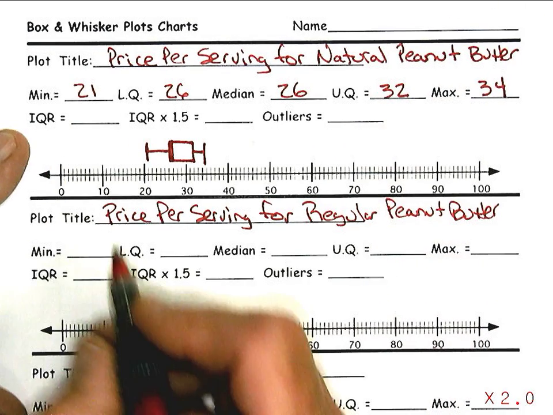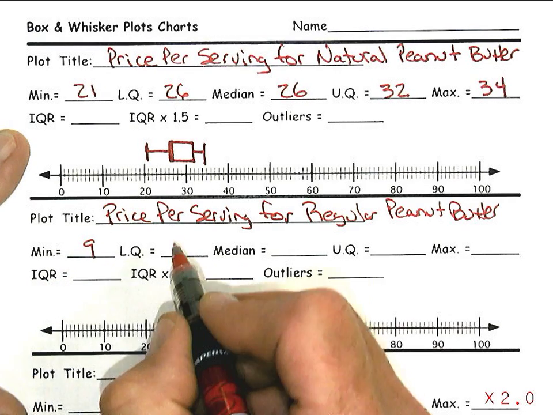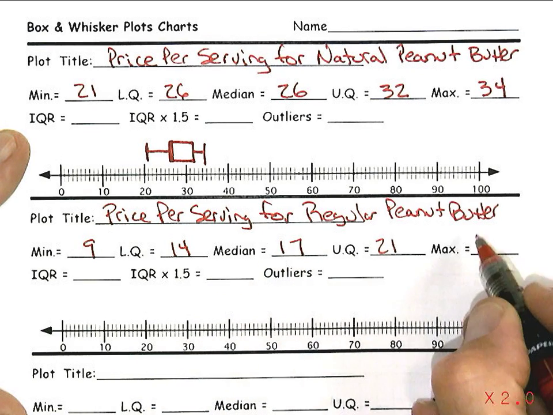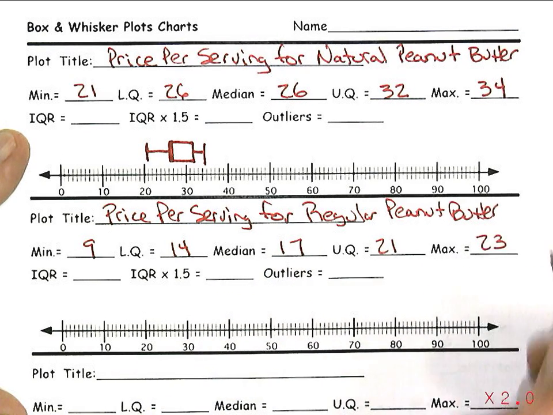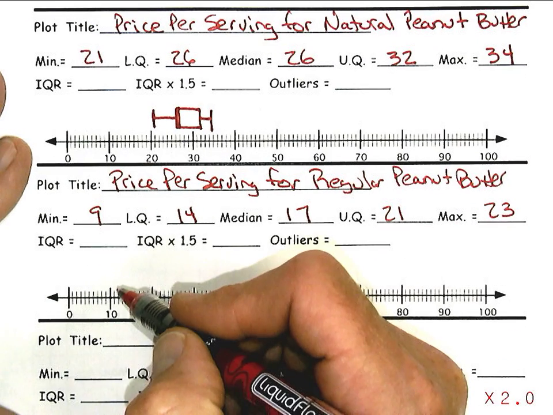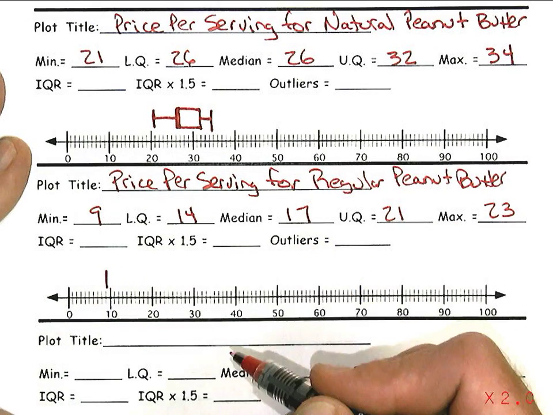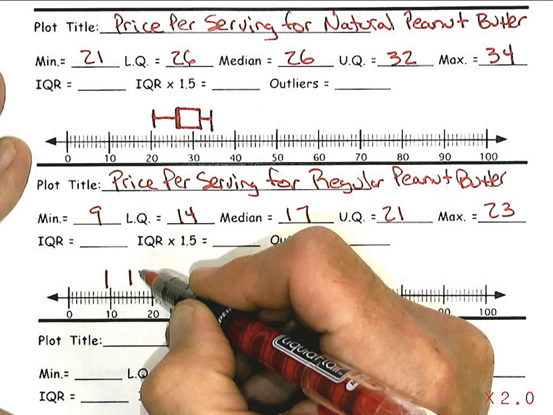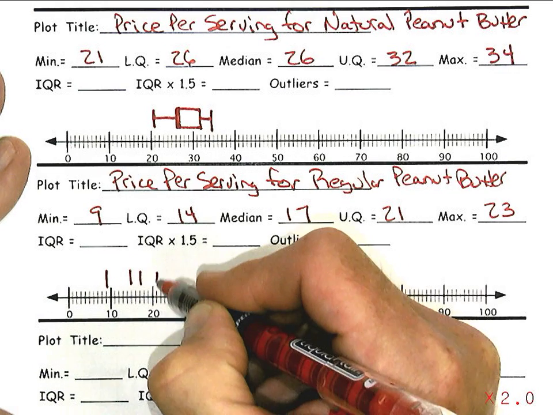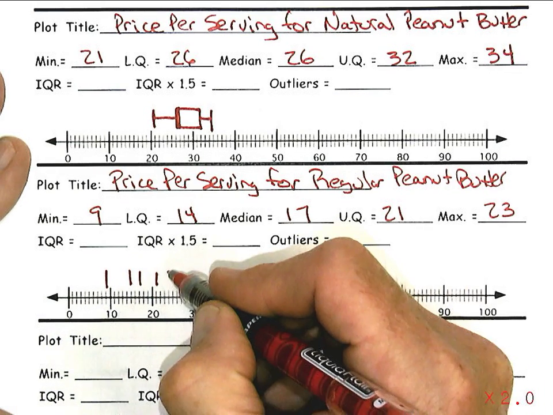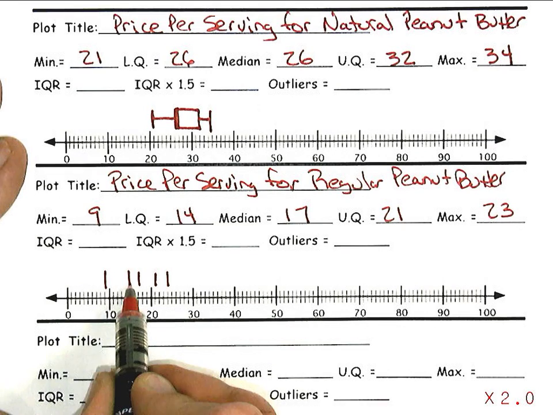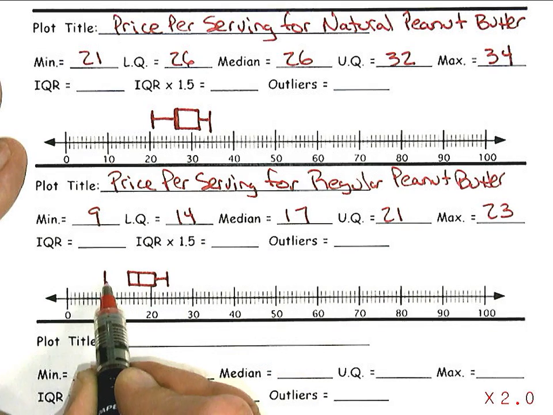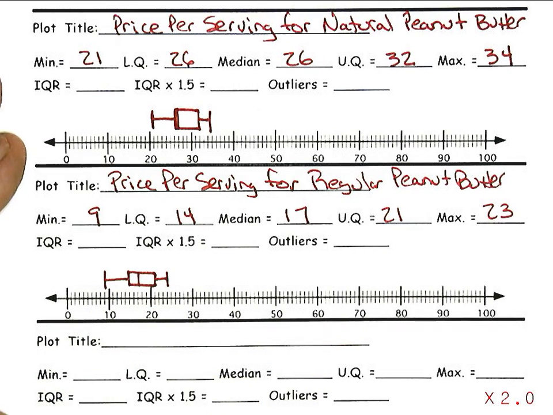And so we have those 5 numbers: the minimum, the lower quartile, the median, the upper quartile, and the maximum. And again, I can put those on this number line: 9, 14, 17, 21, and 23. And the 3 in the middle become the box, and then I connect them to the end with a whisker. Box and whisker.